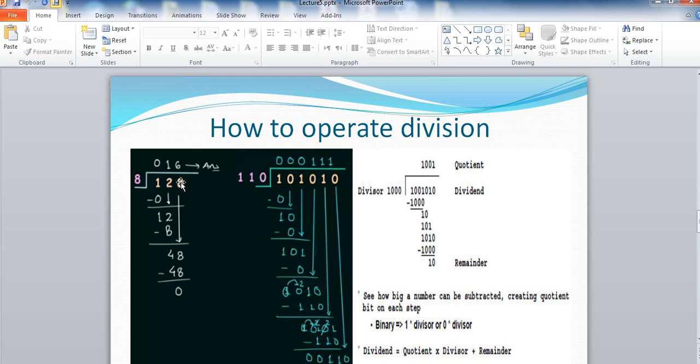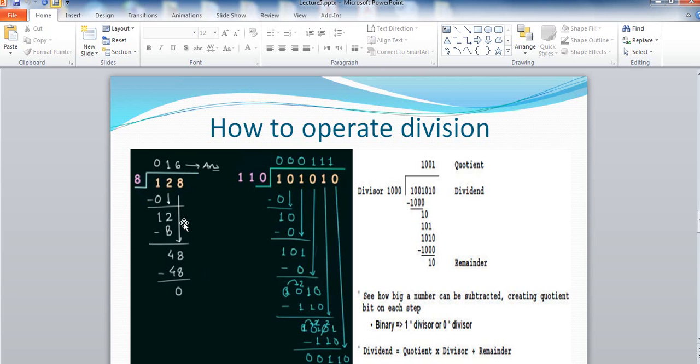This one we call the divisor, and this one we call the quotient. Everything here we call the remainder. So we have the divisor, dividend, quotient and remainder here.